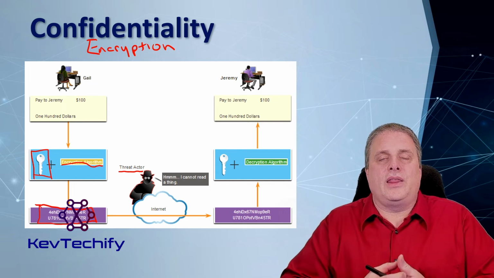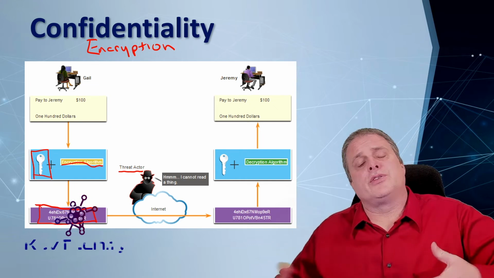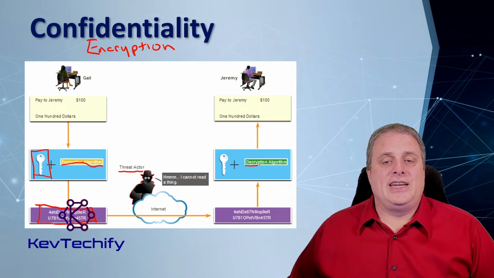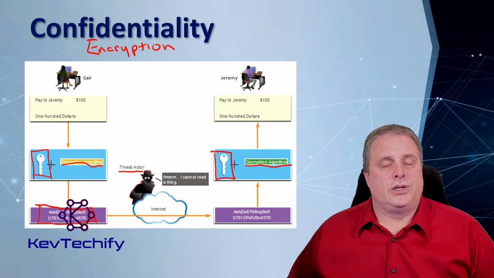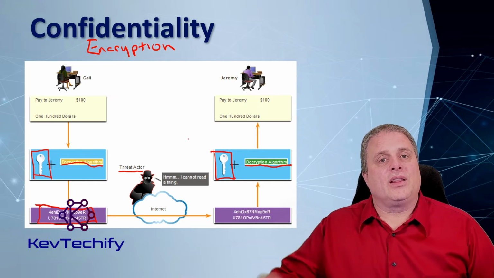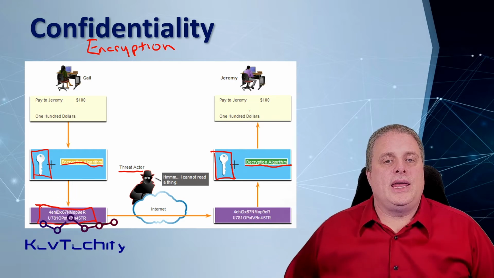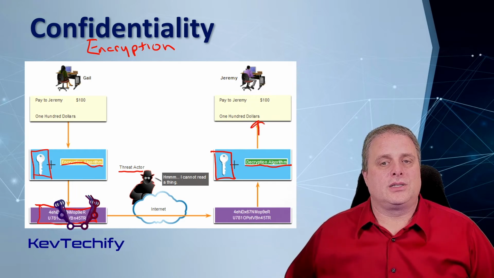They can't read that. And so that data travels across the internet, makes it to Jeremy, where he uses his decryption algorithm along with the key to unlock that data. When he unlocks that data, it decrypts it, it unscrambles it, and he gets his payment of $100 from Gail.